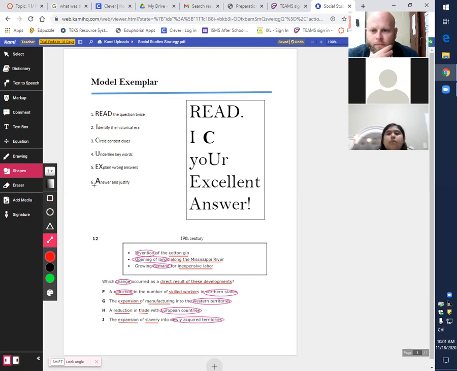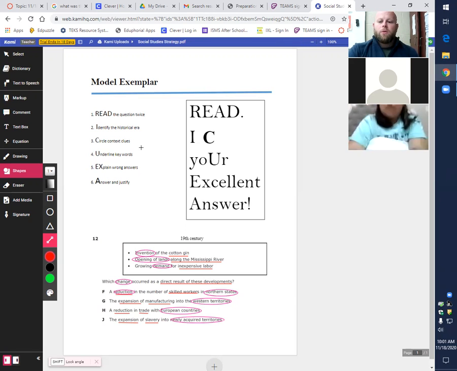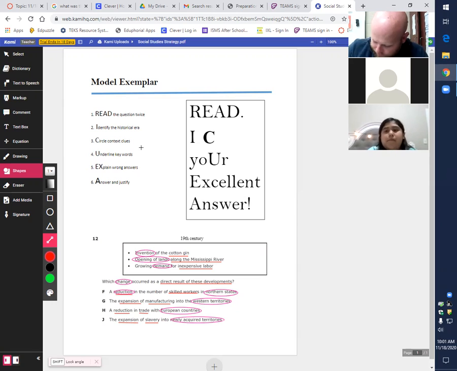Okay. So we have read the question twice. We have identified the historic era, which is the 19th century. We have circled our context clues and underlined our keywords. So now we need to explain the wrong answers. Based off of the information on the list, we know we're going to have something that has to do with slavery, right?